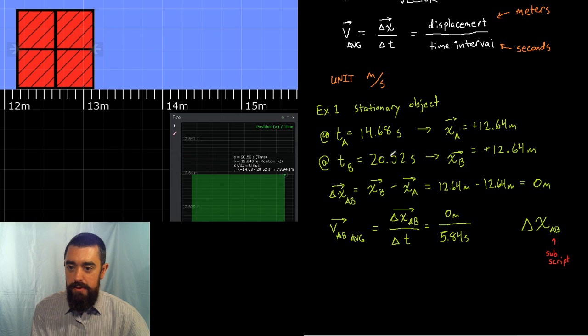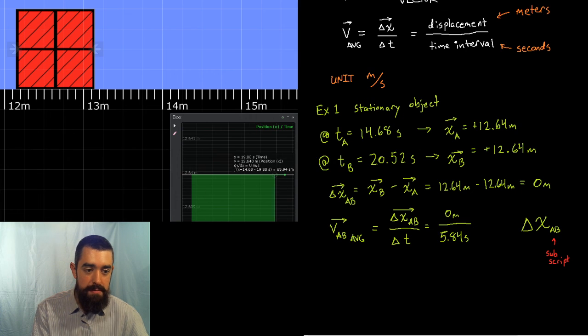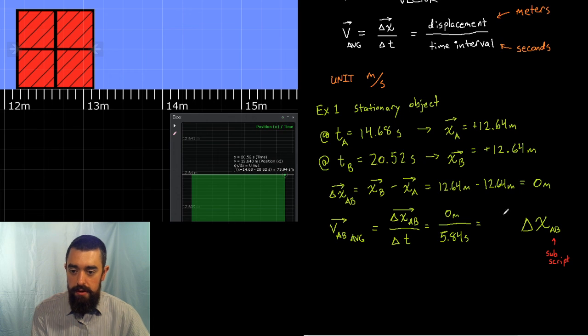That was the difference between 20.52 minus 14.68. That's the difference in time, right? The amount of time between the two. When I do 0 divided by 5.84, I get 0 meters per second.